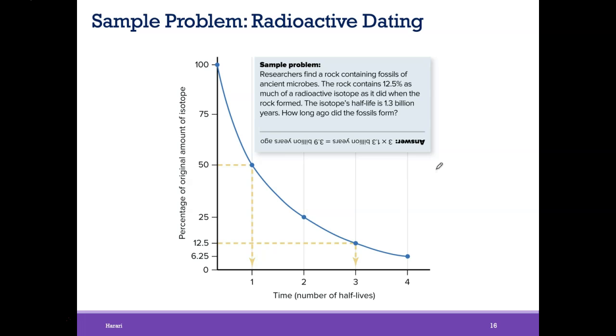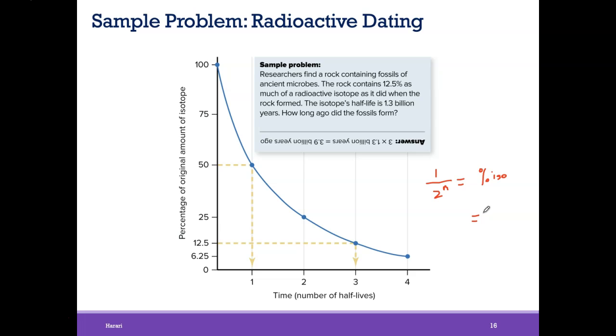So let's write down our equation. We know that 1/2 to the n, where n is the number of half-lives, is equal to the percentage of isotope remaining. We're given 12.5%. The rock that we found that's fossilized has 12.5%.